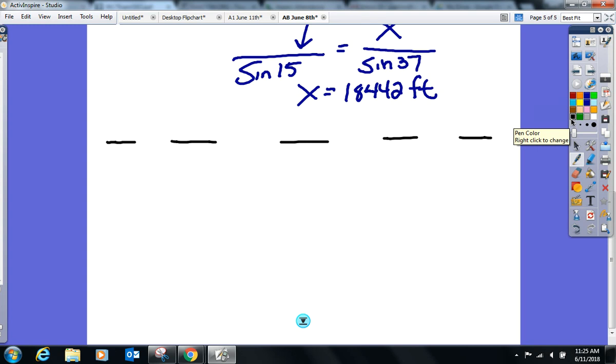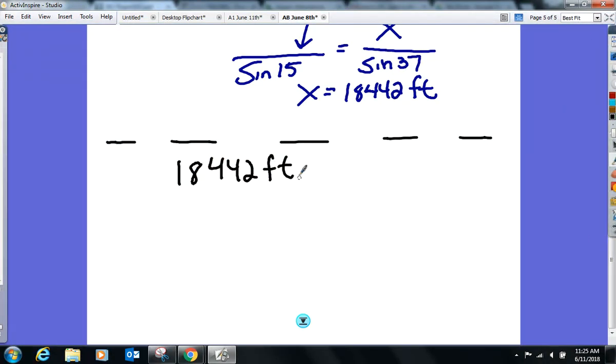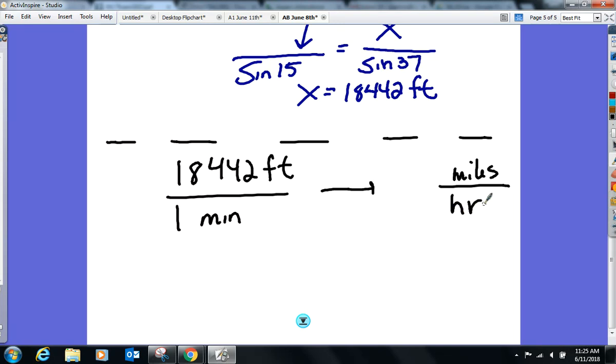What did we just find? 18,442 feet after 1 minute. And we're trying to get it into what? Miles per. Okay, so now we have to figure out how many miles are in 18,442.